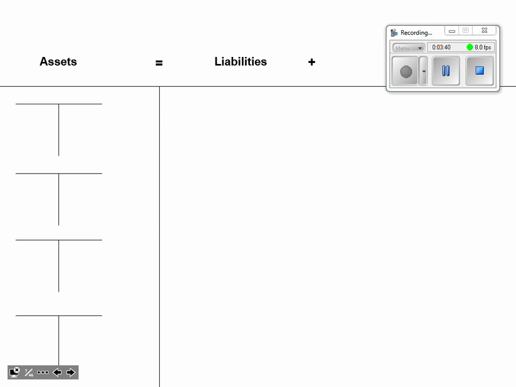Okay, assets again are what we own. Write that in. Liabilities are what we owe.